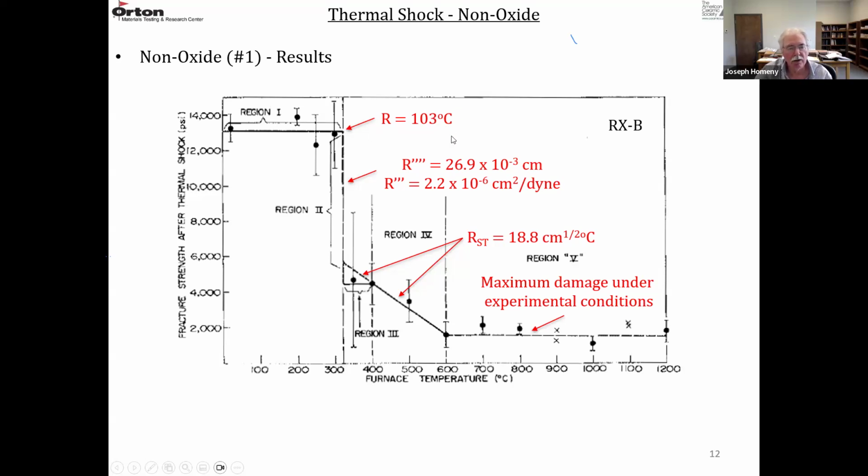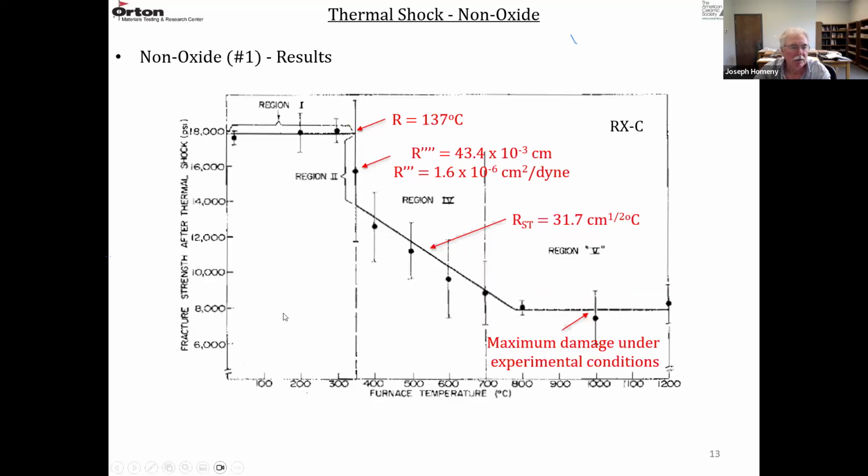So R equals delta T. And then R4 prime was 26.9 times 10 to the minus 3 centimeters. And then R3 prime was 2.2 times 10 to the minus 6 squared centimeters per dyne. And then RST in region 3 and 4, 18.8 square root of centimeters degrees C.